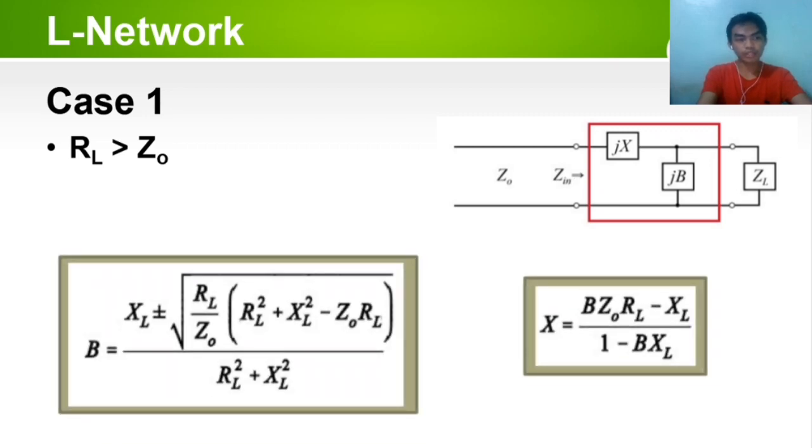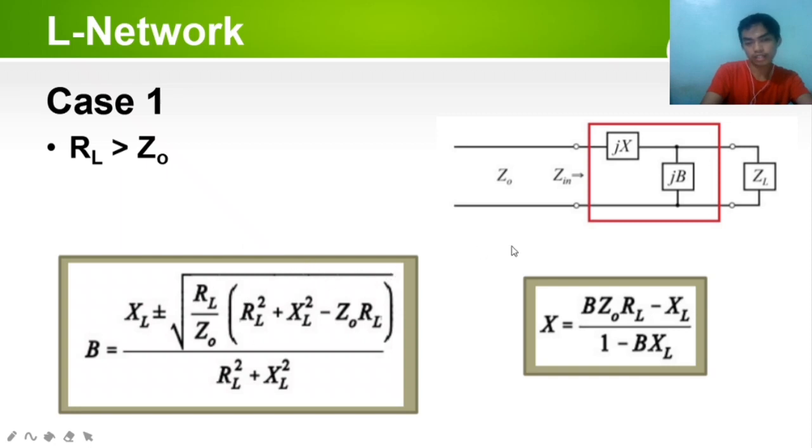And for the formula in getting the susceptance and the reactance, the susceptance B is equal to XL plus or minus the square root of RL over Z0 times the square root of RL squared plus XL squared minus Z0 times RL, all over RL squared plus XL squared. This is the formula for the susceptance.